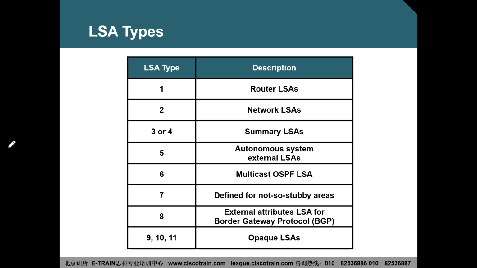Type 4 LSA is nothing but the router ID of the ASBR. Now who originates it? The ABR of the area in which the ASBR is located.